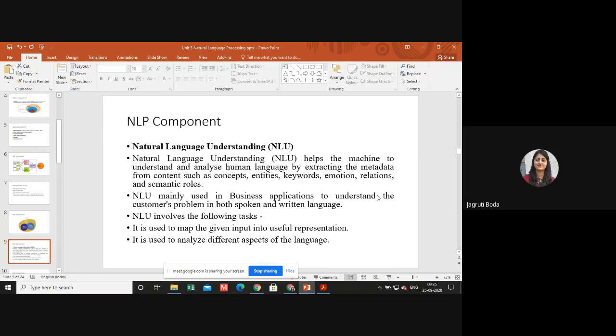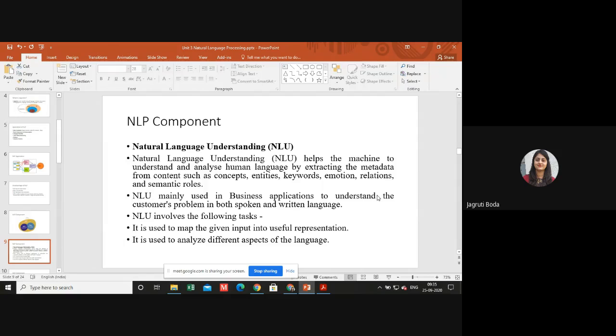Natural language understanding helps the machine to understand and analyze human language by extracting metadata from the context, such as concept, entity, keyword, emotion, relation and semantic roles. NLU is mainly used in business applications to understand the customer's problem in both spoken and written language.